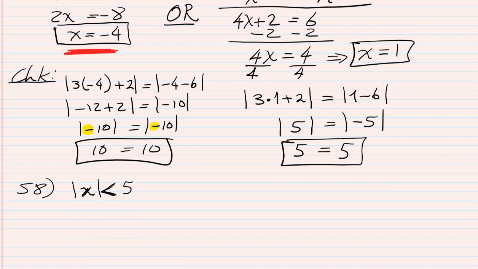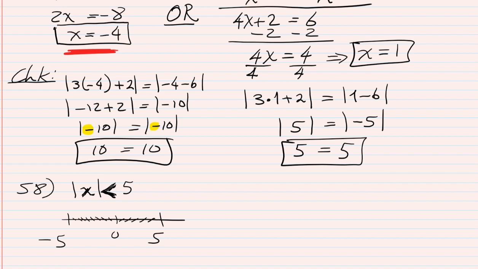So if I actually now draw the number line, here's 0. And this is 5, there's negative 5. Less than means everything that's less than 5 means all of the numbers between 0, 5 on the positive and 0, negative 5 on the negative. So this will be the corresponding solution, graphical notation for the solution.